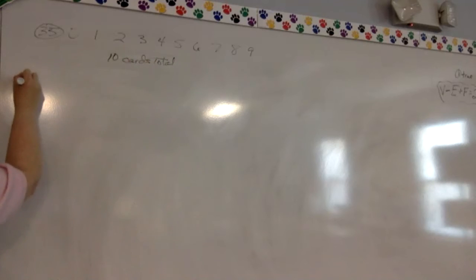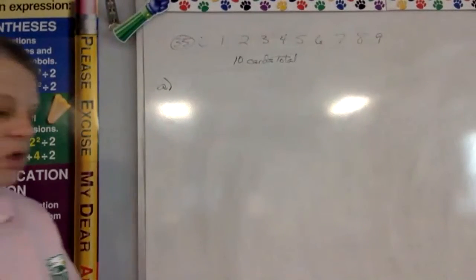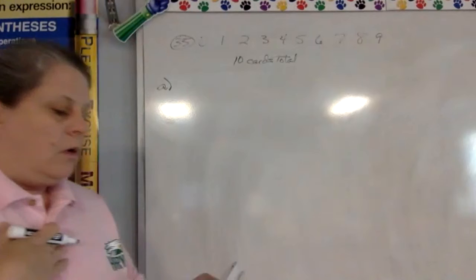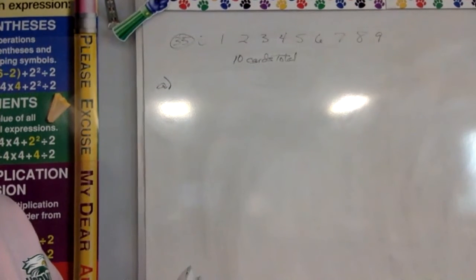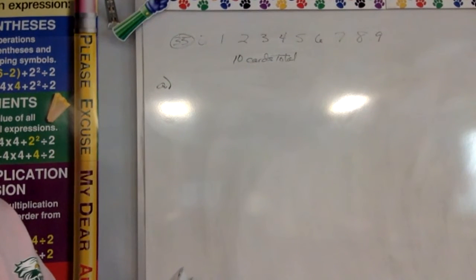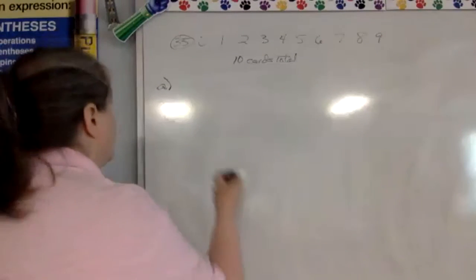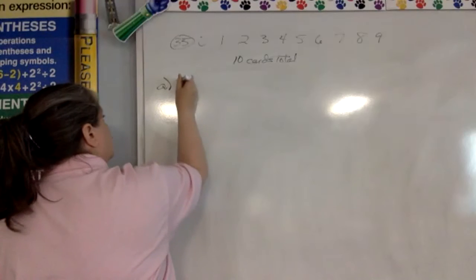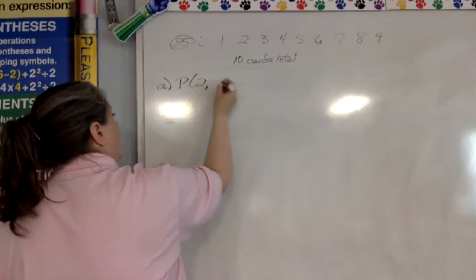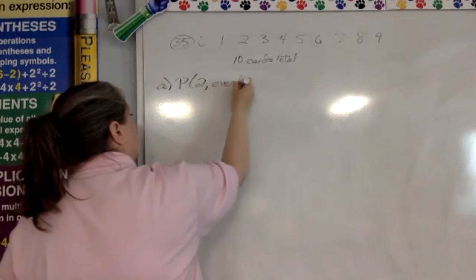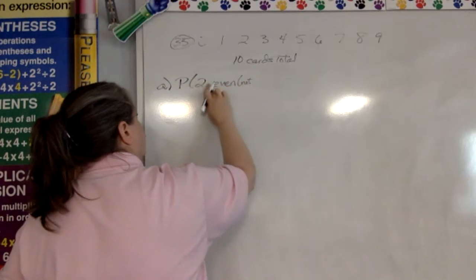Okay, so for part A, we want the probability of a 2 or an even number not including 0 will be chosen. So probability of 2 or even not 0.